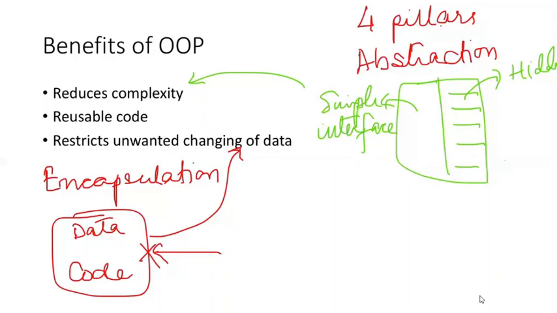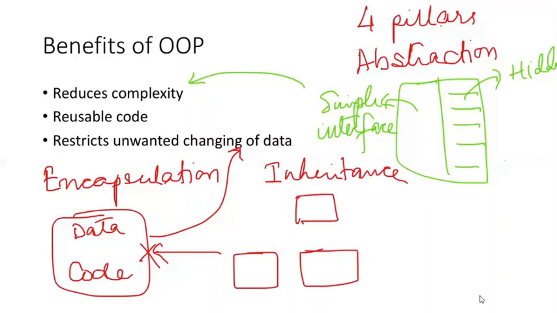Then we had the third pillar, which was inheritance. So you have a superclass and you have a subclass. I should not talk about classes right now. So you have, say, the car here, you have a hatchback out here, and you have a sedan out here. The hatchback as well as the sedan, both of these are cars. So the code for the car can be kept here.